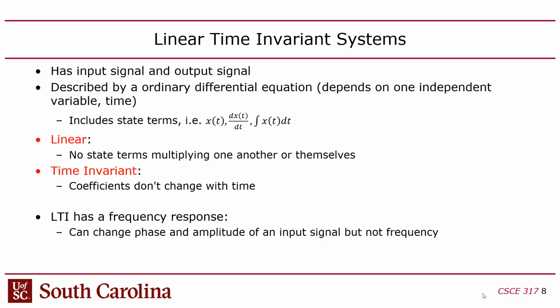That becomes a state variable. And then you can also take the derivative or any derivative of that term or any integral of that term, and you can multiply it by a constant, right? And that's what makes it linear, is that you only have constant multipliers of each state term or any derivative of a state term or any integral of a state term, right?